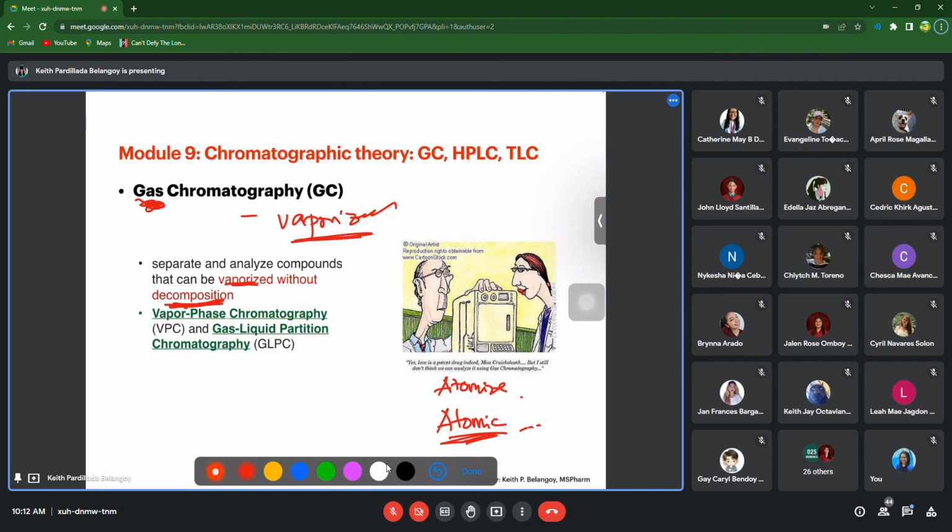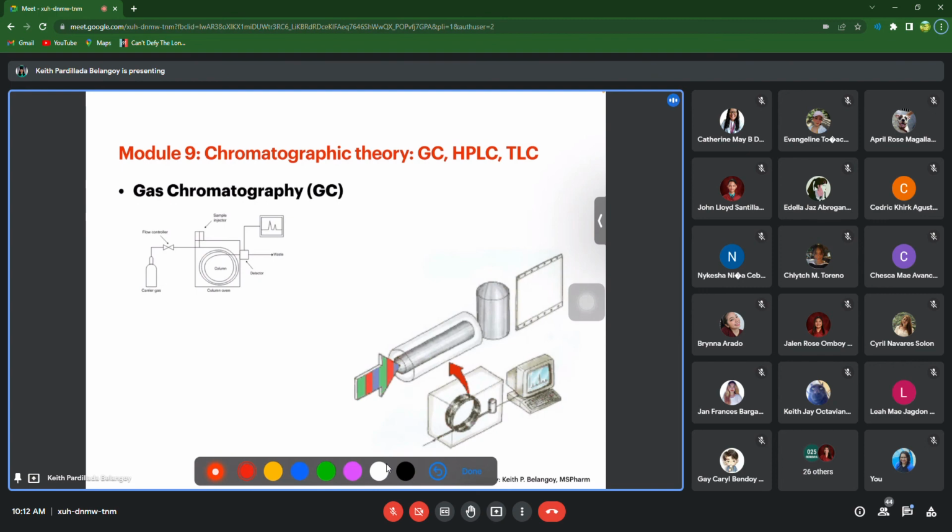And as mentioned earlier, you have your gas-liquid partition chromatography and your solid chromatography. You have this one in your module. So you have the carrier gas. The carrier gas does not react with the sample, okay? So you have the carrier gas in your gas chromatography instrument.